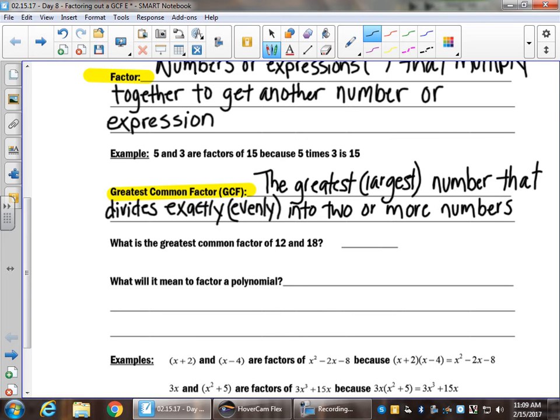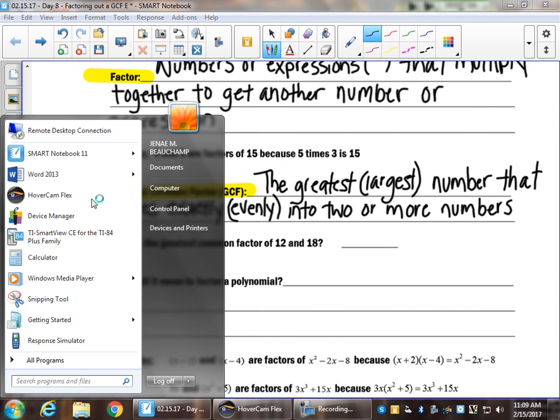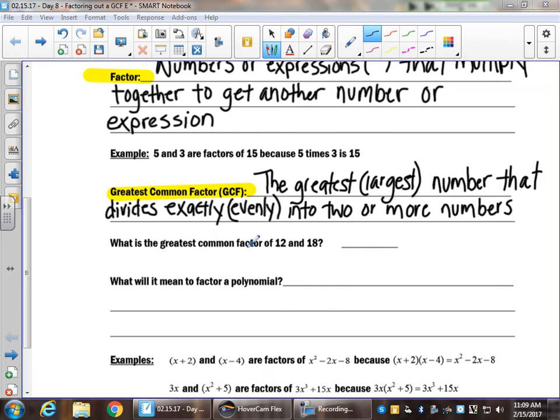The greatest or largest number that divides exactly or evenly into 2 or more numbers. What is the greatest common factor of 12 and 6? I mean 12 and 18? 6.